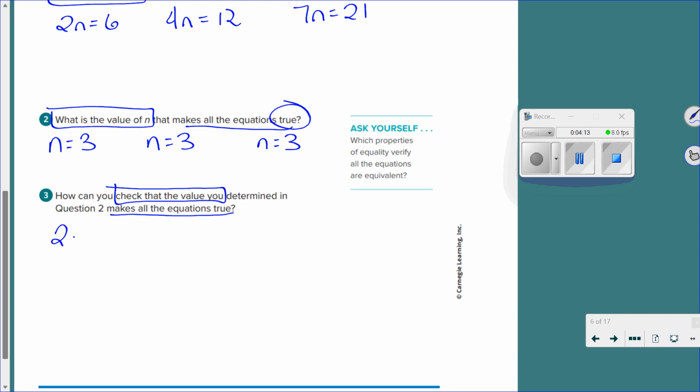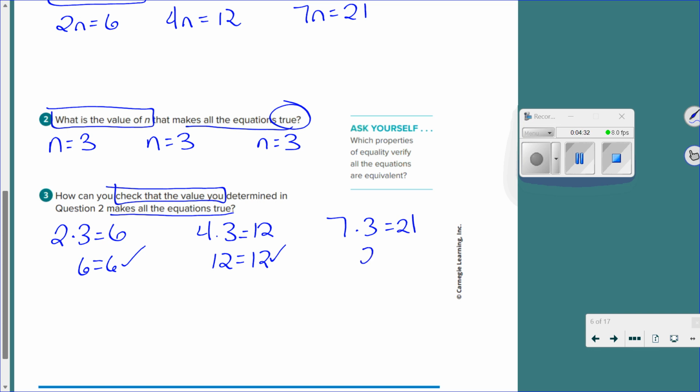Does 2 times 3 equal 6? Yes, 6 equals 6, so it is right. Does 4 times 3 equal 12? Yes, 12 equals 12. And does 7 times 3 equal 21? Yes, 21 equals 21. Does that make sense?